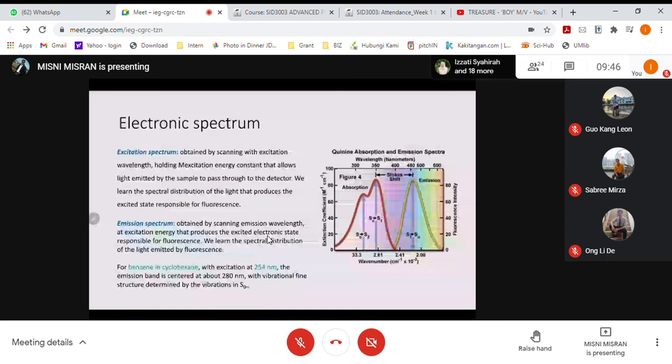The molecule actually absorbs all the energy except the energy of the color that we observe. So if a molecule absorbs lower wavelengths, it may appear blue.